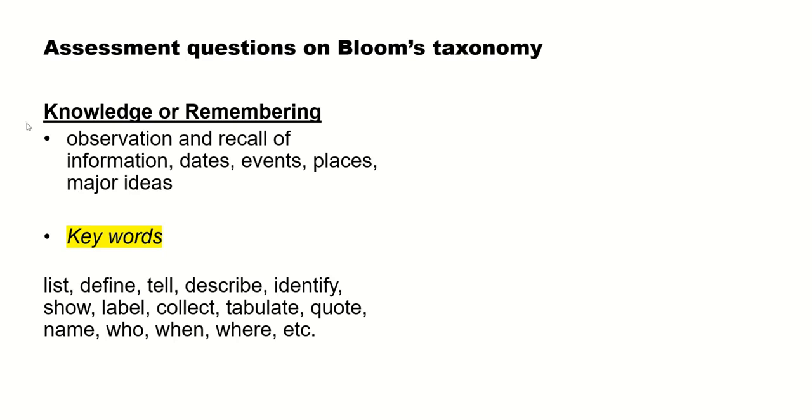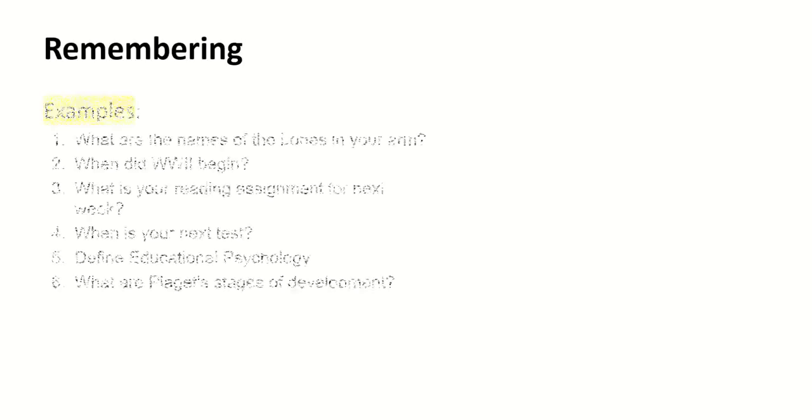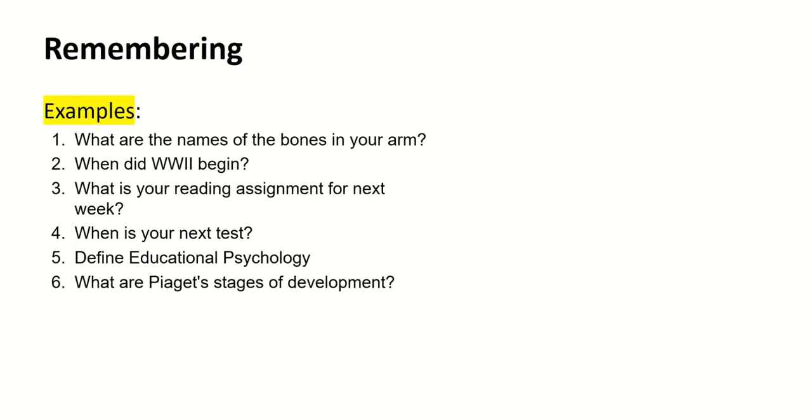Other words can also be used to ask questions on remembering concepts. For example, if a question is designed from who, we can ask who was Christopher Columbus. Or if we are using when, we can ask when was America discovered. These types of questions are aimed at evaluating the remembering level of Bloom's taxonomy, which is the lower level. Other examples are: what are the names of bones in your arm?